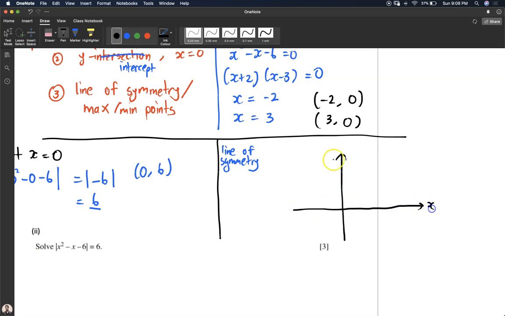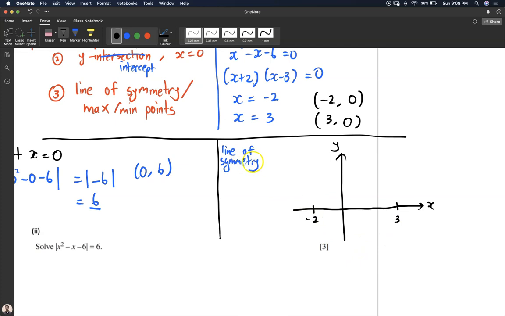So this is x, this is y. We had the intersection negative 2 here, so I'll put a negative 2 here first. Then we had a 3, so 3 is probably somewhere here. Now we're good to find the line of symmetry.